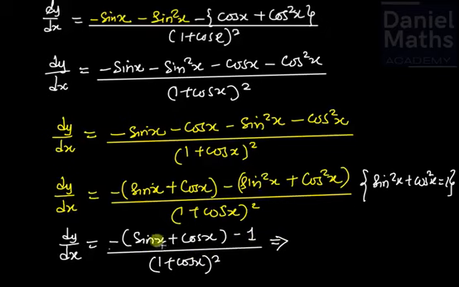If I open up the bracket, this gives me minus sine x minus cos x minus 1, all of this divided by 1 plus cos x all squared.